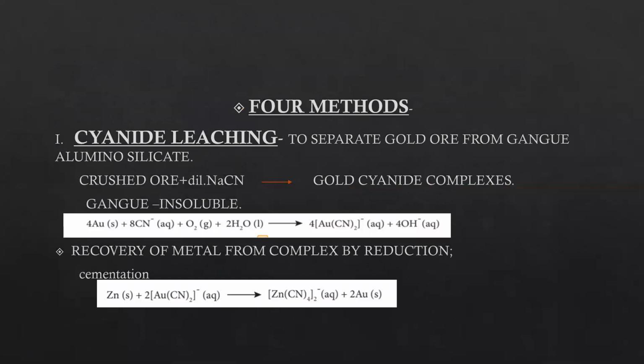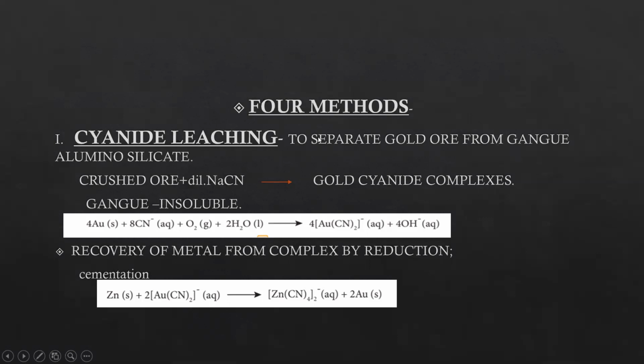So the first method is cyanide leaching. So using the cyanide leaching only, we are going to separate that gold ore from the gangue particles. Here gangue means impurity. So the impurity for gold is aluminosilicate.